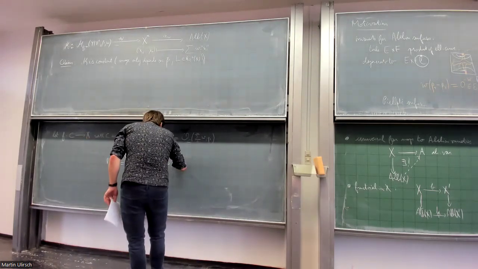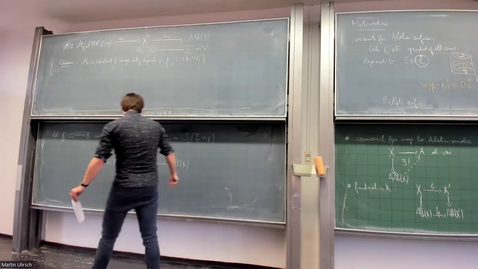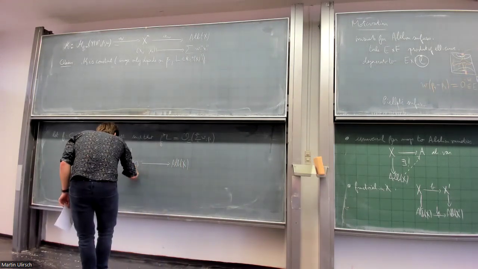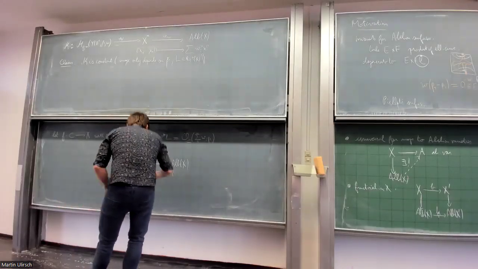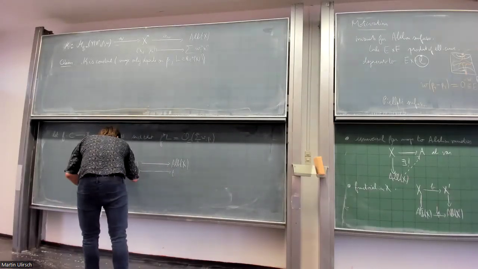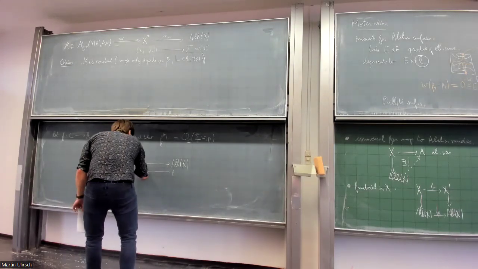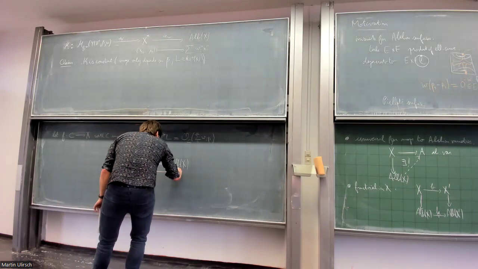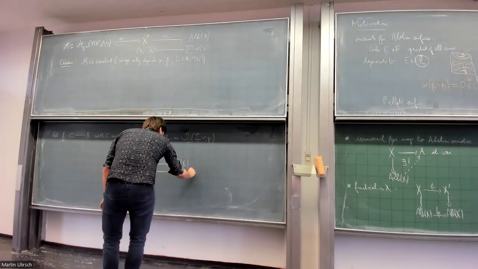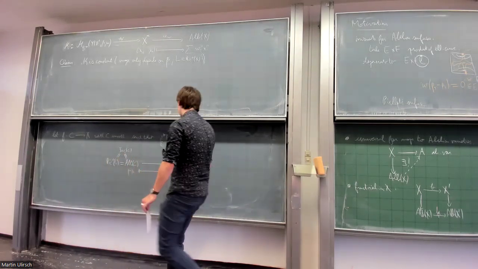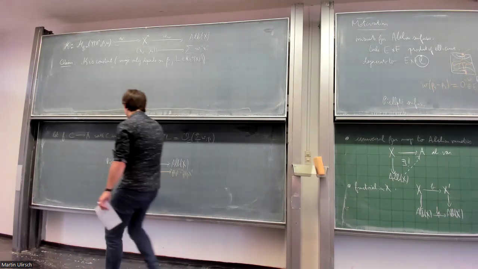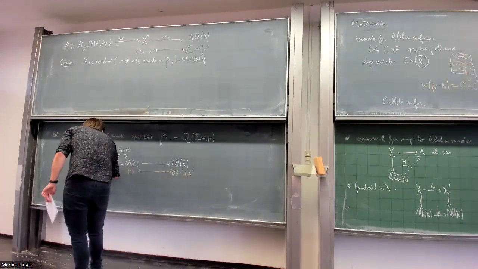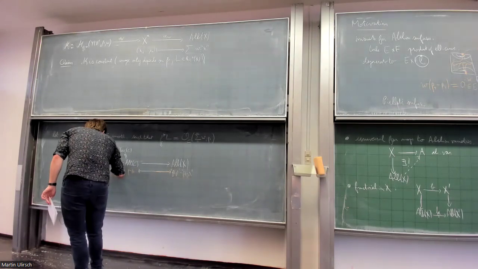So I land into Alb of X. It maps P minus P0 to f(P) minus f(P0), inside the formal sum inside the Albanese variety. And this guy corresponds to, in fact, the line bundle with divisor P minus P0.